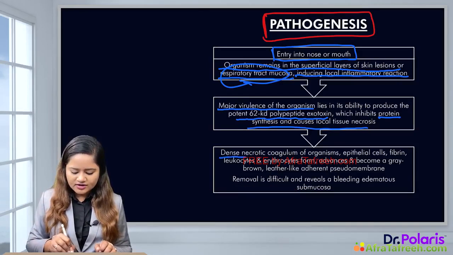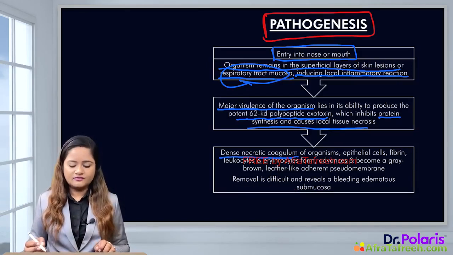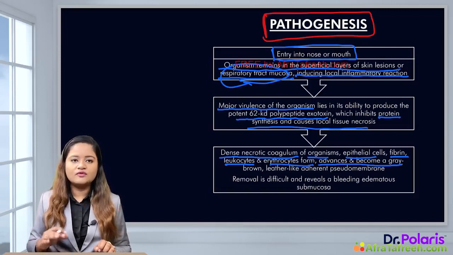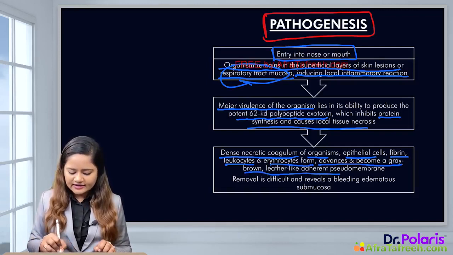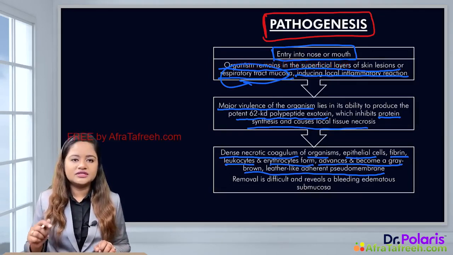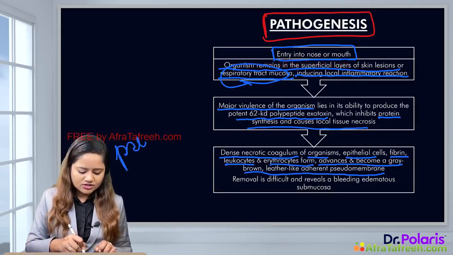A dense necrotic coagulum of the organisms can be formed, which will get coated with epithelial cells, fibrin, leukocytes, erythrocytes, and form a very advanced form of grey kind of a brown leather-like adherent pseudomembrane. So one very characteristic feature of diphtheria infection is formation of a pseudomembrane.